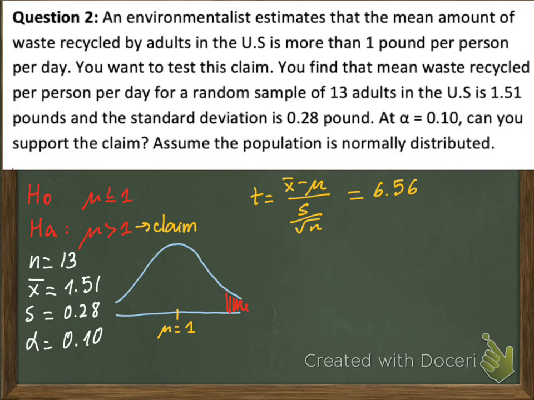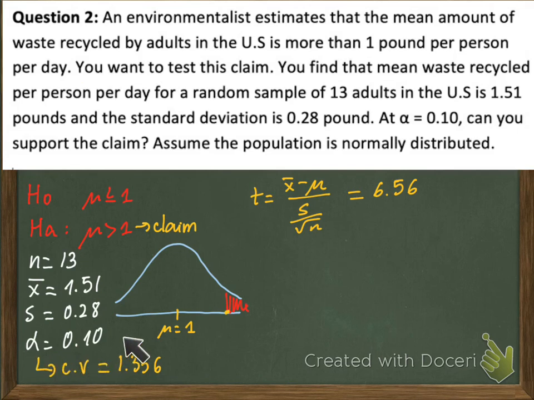And if we use t, we find that the t-value, or the standardized test statistic, is 6.56, which is big. In using t-tests, it's easier to use critical values and rejection regions.